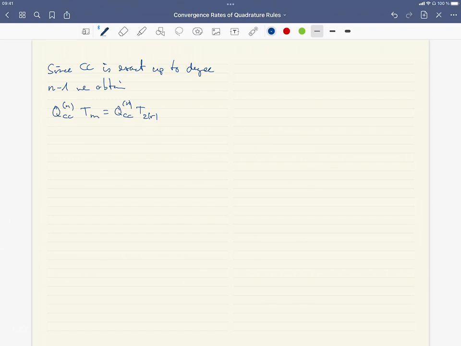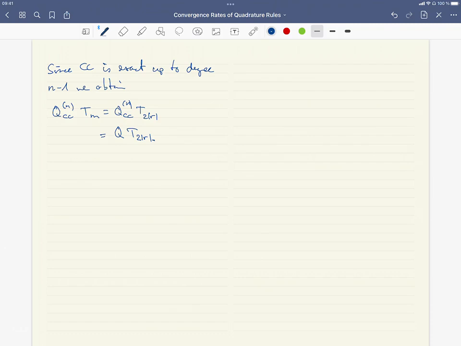Because of what we've just said, right? The quadrature rule cannot tell the mth and the 2rth Chebyshev polynomial apart. And well, this is now a polynomial that it can integrate exactly. So here I can write Q of T_2r. So it's the real integral here.